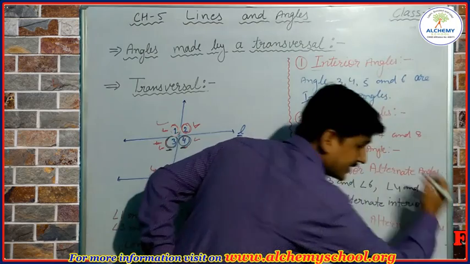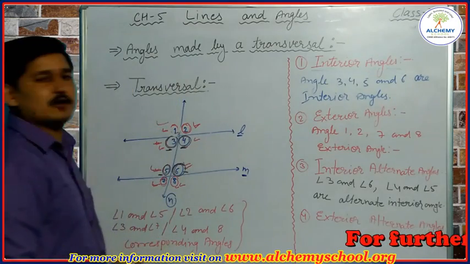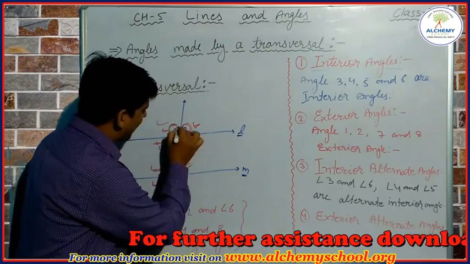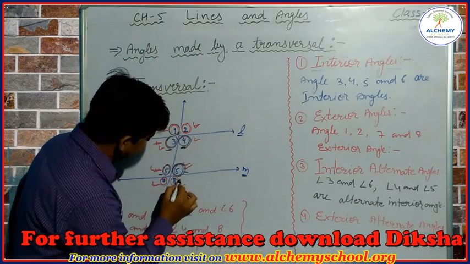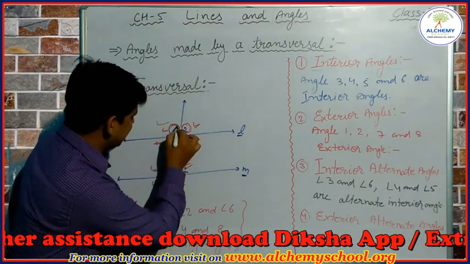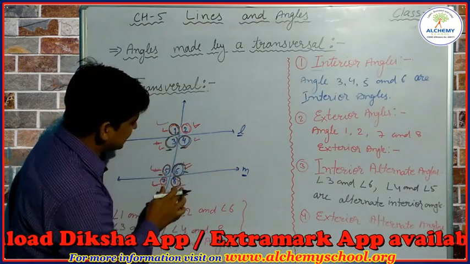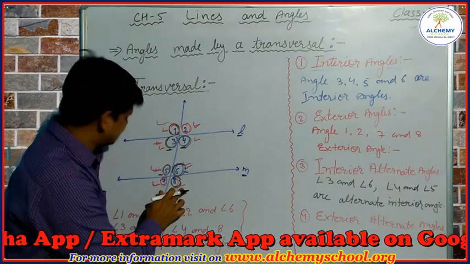Now we are going to discuss alternate exterior angles. Students, when we observe angle 1 and angle 8, these two angles are alternate exterior angles.